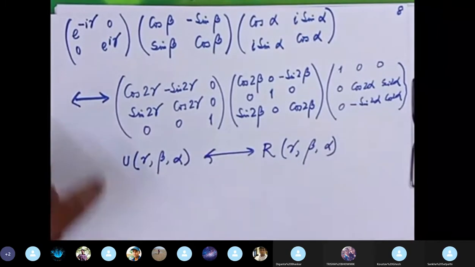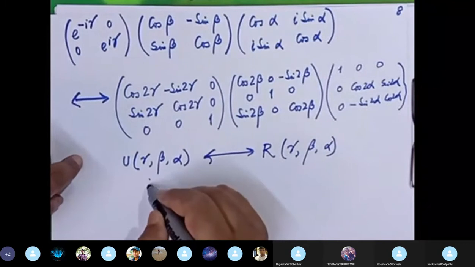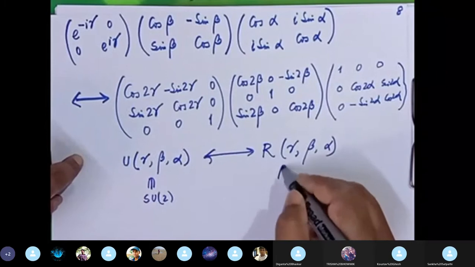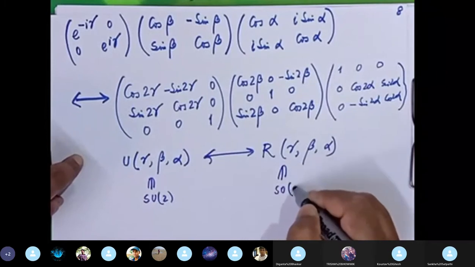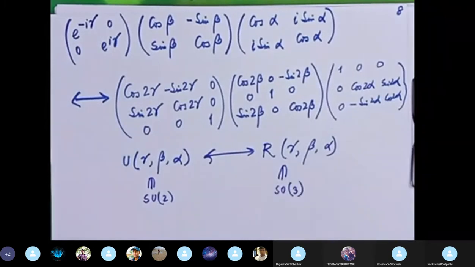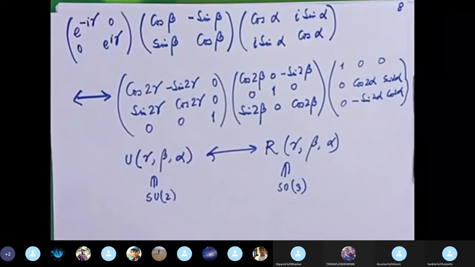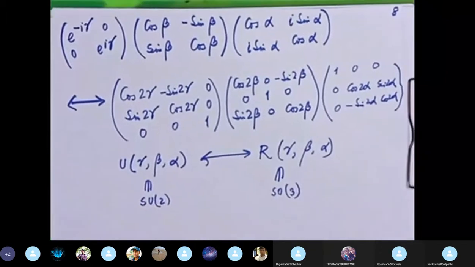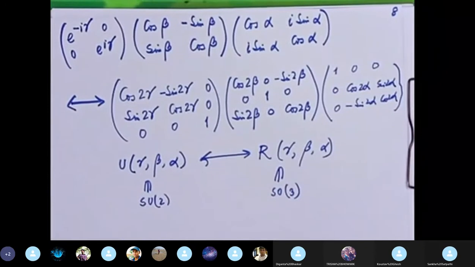So given 3 numbers, you can write down an SU2 matrix and an SO3 matrix. And this shows you these 3 parameters can be looked at either as parameterizing a unitary SU2 matrix, or as parameterizing an SO3 matrix. So there is the connection.